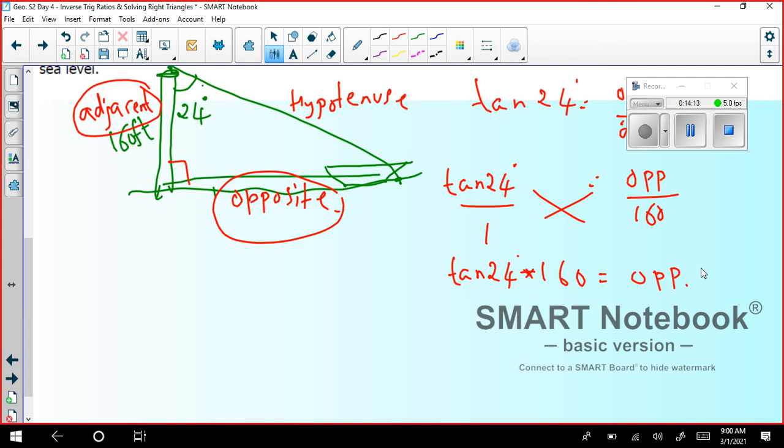So tan 24 degrees times 160 gives us 71.236.